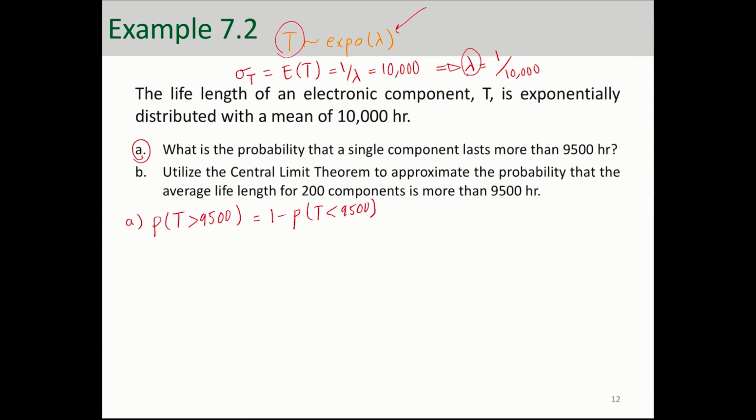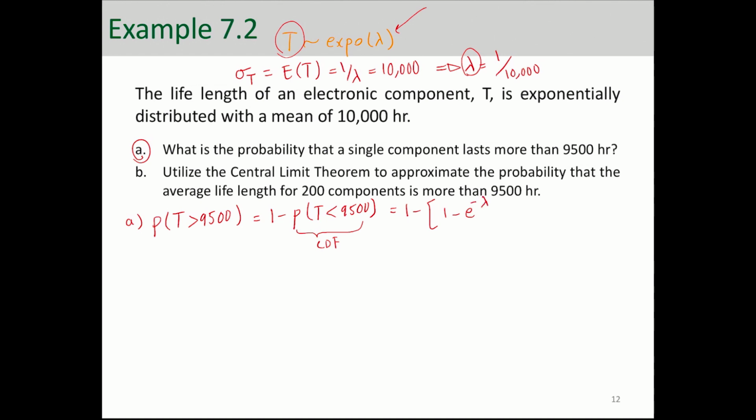And this is the CDF of the exponential. And what is the formula for that? The CDF is 1 minus e to the negative lambda t, right?